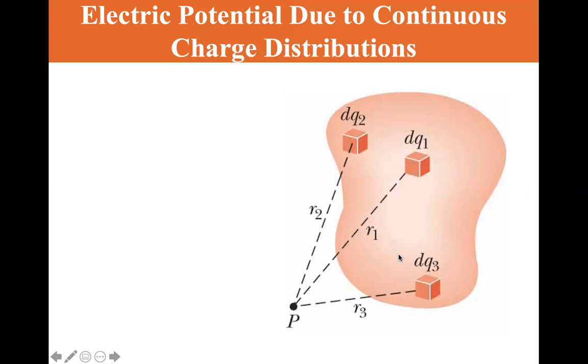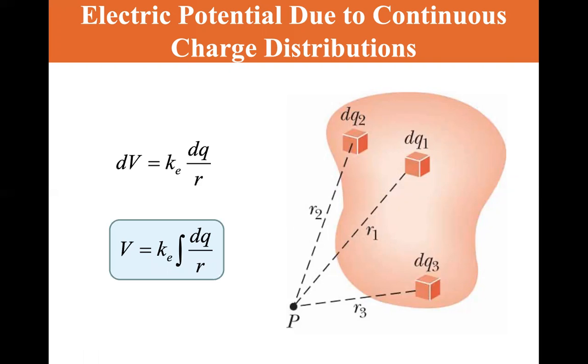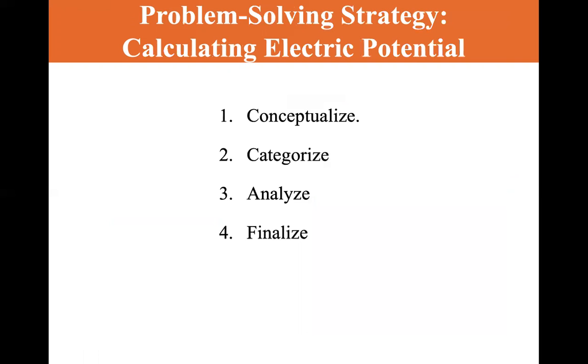We learned from equation 24.11 that V equals k_e q divided by r, and we're going to use that. dV equals k_e dq divided by r, and so V is equal to k_e times the integral of dq divided by r.